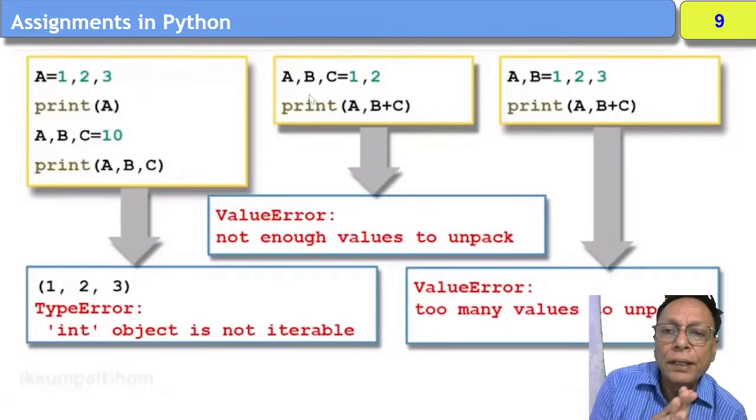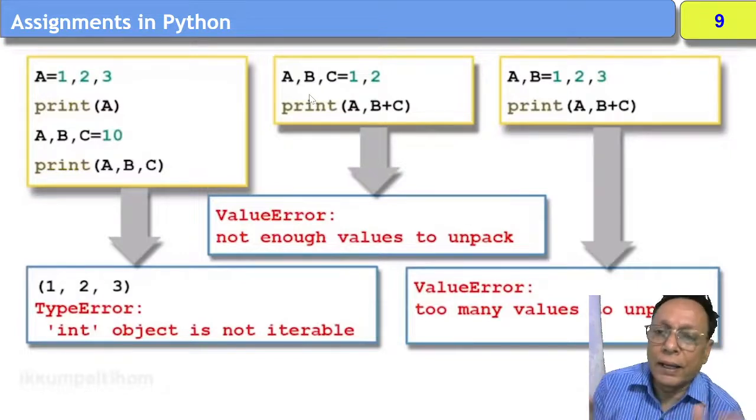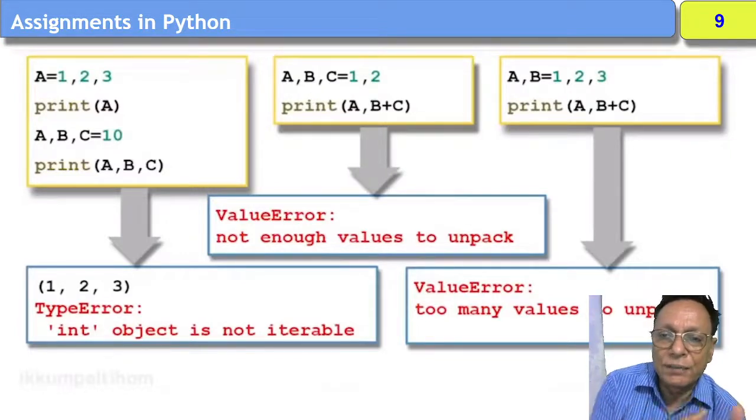Over here, A, B, C, as such there is no error at all, as we have seen in the Colab, that we can assign multiple literals to multiple identifiers. But over here, you see there is an error. Why? Because the L value, the left side of the assignment operator, has 3 identifiers, whereas the R value, the right side of the equal sign, has fewer values, only 1 and 2.